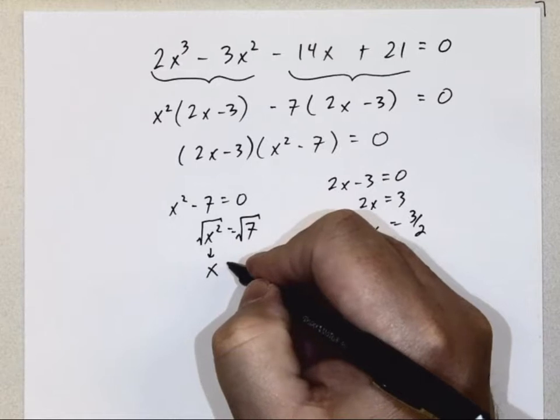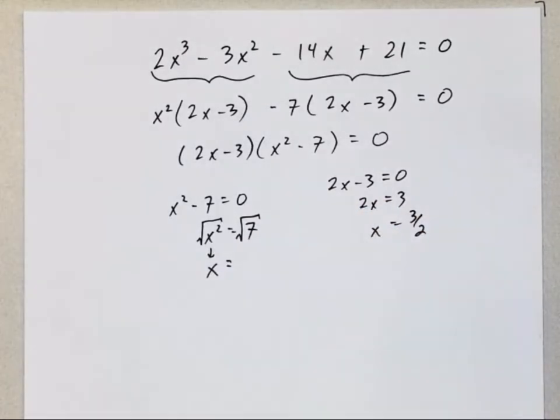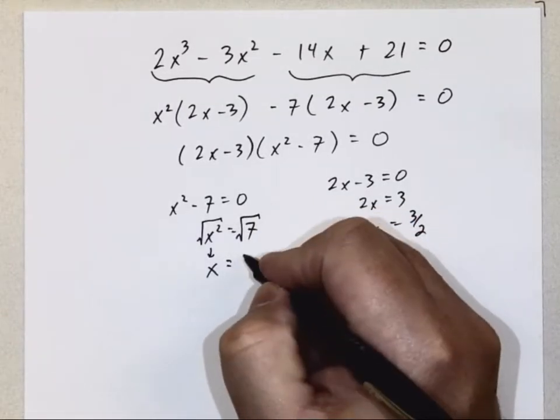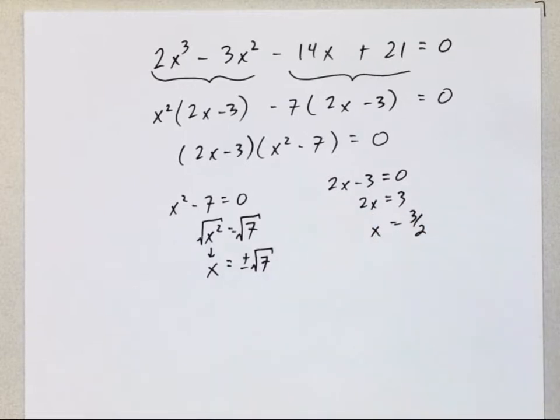Now here's one that a lot of us always forget. When we're solving an equation like this, and you take the square root of a number, don't forget, it's actually plus or minus square root of 7.